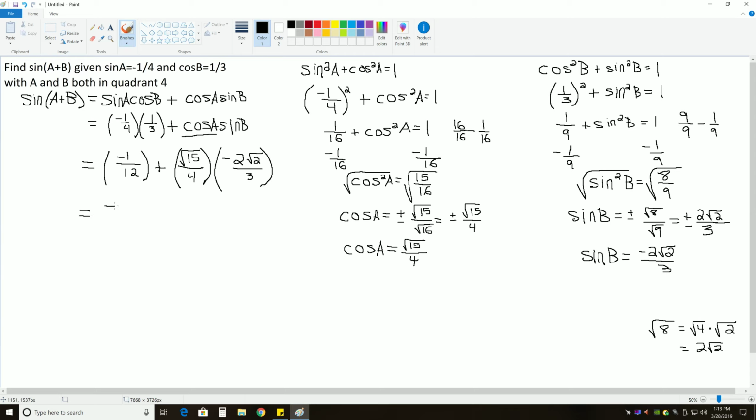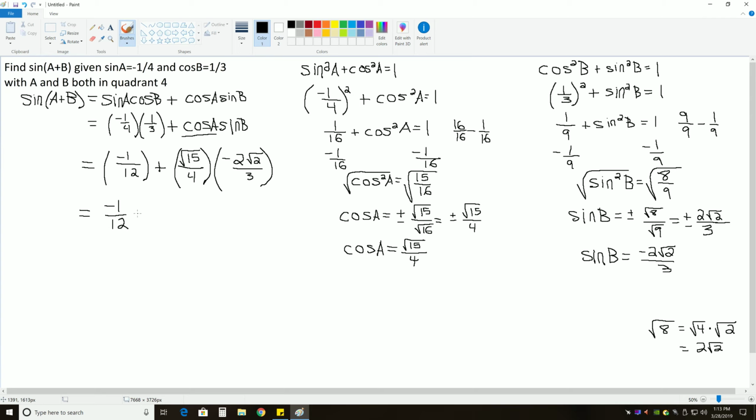So we're left with negative 1/12, and now we can multiply these fractions straight across just like we did with these last two. So we get the square root of 15 times negative 2 root 2.